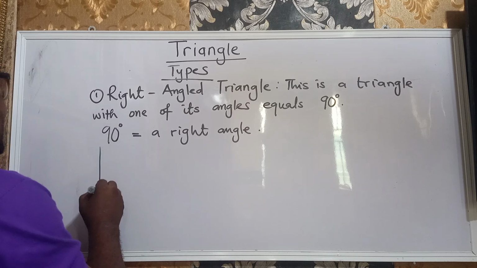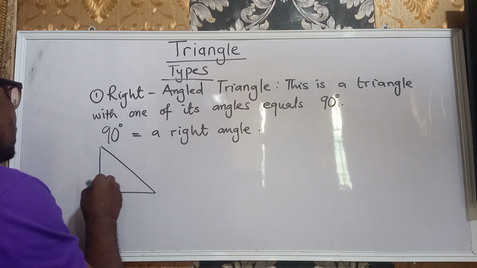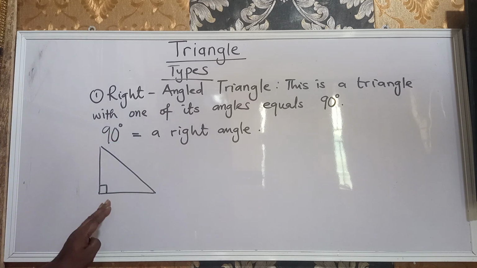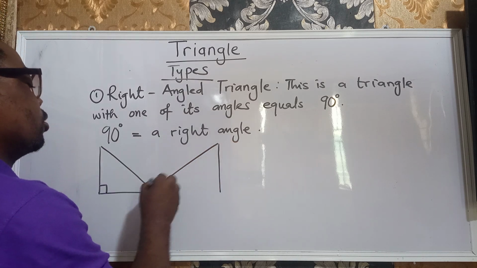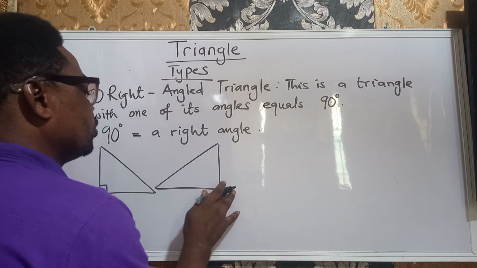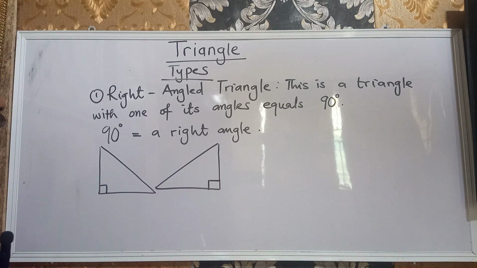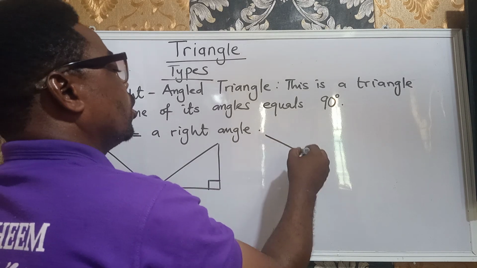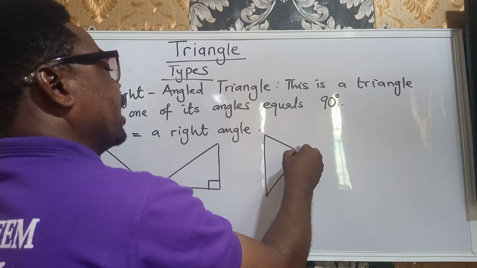This is a right angled triangle. Look at it. This one is perfect. This is another right angled triangle. It does not have a particular way it must face. This one is also a right angled triangle.